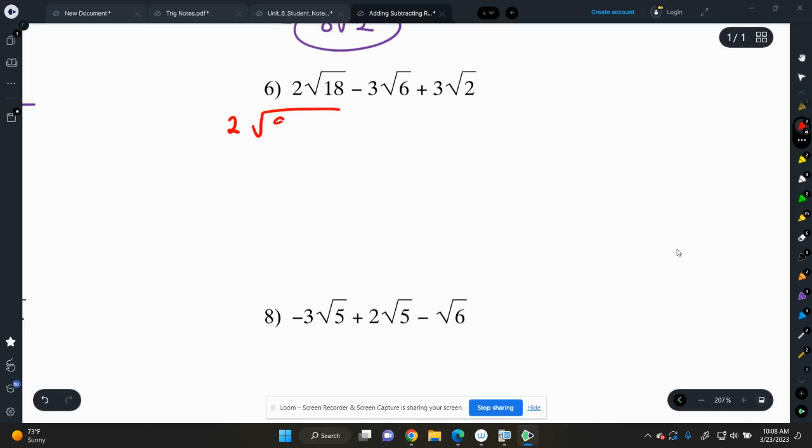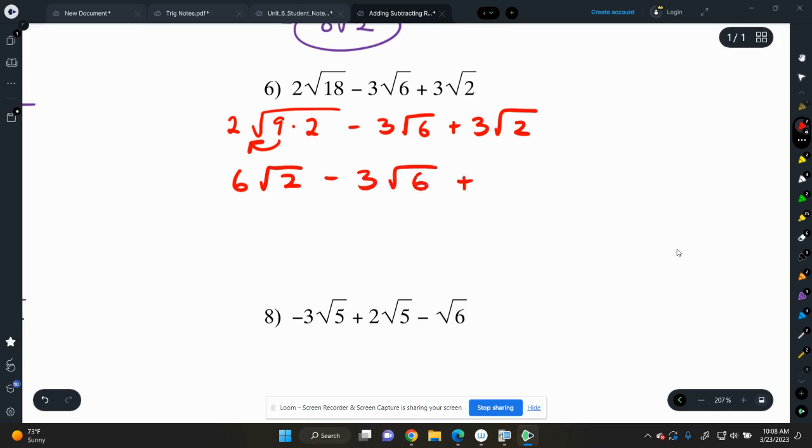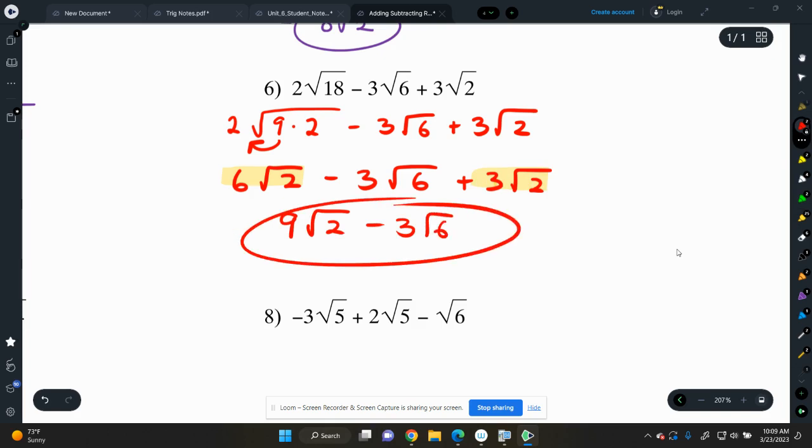I did 9 and 2? Okay, and the 9 simplifies to 3 times 3. Okay. And then we'll take the 3 out. Good. And that becomes 6. Can we do anything with the 3 root 6? No. Okay. So then looking at this one, these are my like terms right here. There you go. Excellent. Okay.